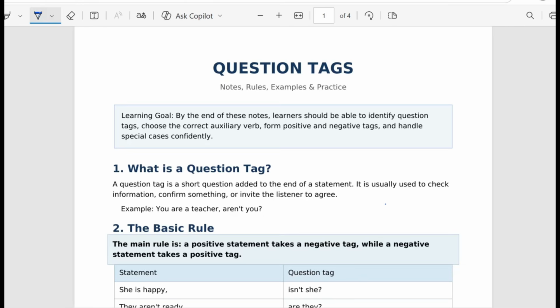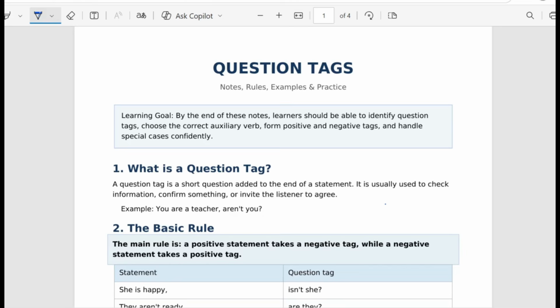It is usually used to check information, confirm something, or invite the listener to agree. Example: you are a teacher, aren't you? So you are trying to invite the listener to agree to your statement.